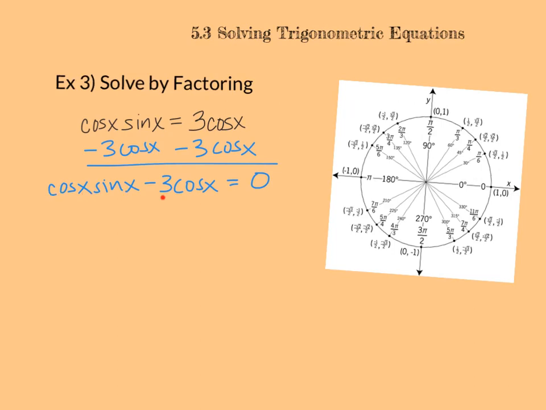What does this term and this term have in common? Cosine. So we'll take a cosine out. And in our first term, we're left with just sine x. And then in our next term, we're left with just the minus 3.